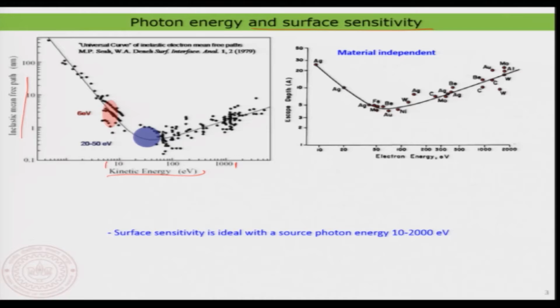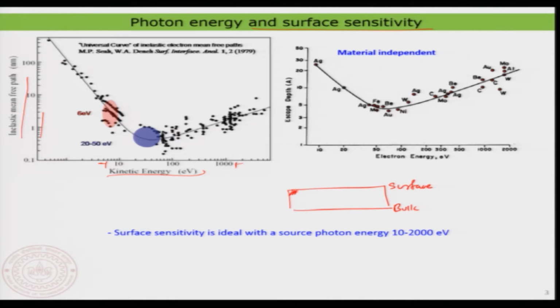So, this is quite interesting. If the electron energy is in the order of 10 to 1000 electron volt, then typically the inelastic mean free path is just in the order of a few nanometers. That means, imagine that you have a material like this, and this is the surface and this is the bulk.